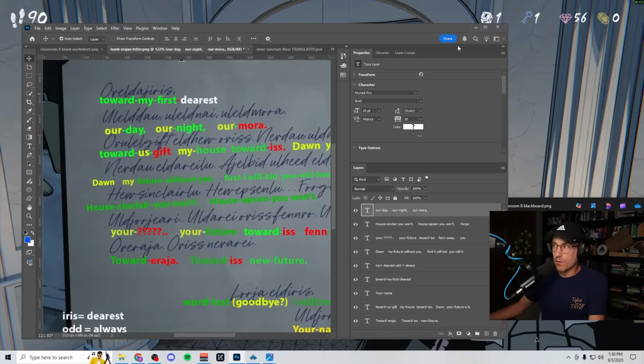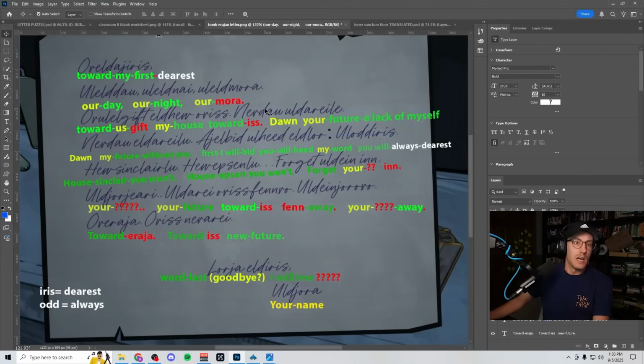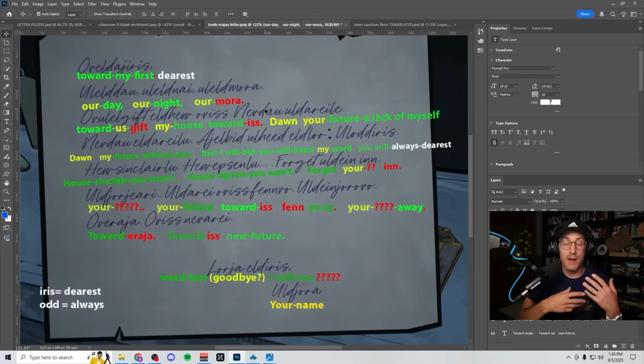Let's do a brief overview of this letter. I think it's a breakup letter, basically, towards the first person I ever loved. I'm gonna try and translate it into speech. Towards dear my first beloved, or the person who is first in my heart. Some expression of togetherness. Our day, our night, our Mora.